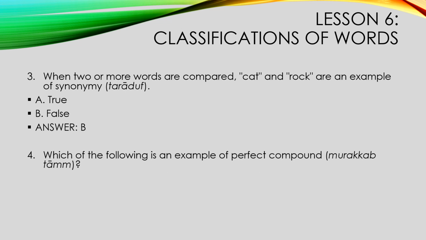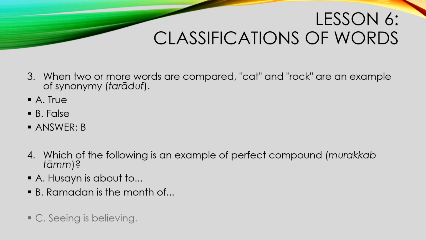Number 4 question. Which of the following is an example of perfect compound or murakkab tam, meaning complete or perfect compound? A. Hussein is about to. B. Ramadan is the month of. C. Seeing is believing.